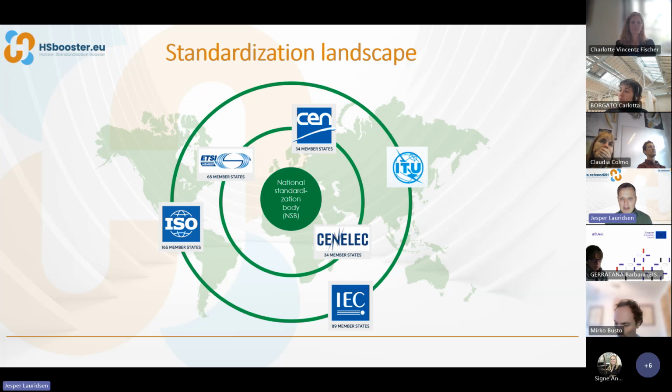It's just that with ISO and IEC, you have to think that we are on a WTO scale. So we have Asia, Africa, the United States, South America and Australia. All countries and continents are involved in this. And when we are talking about CEN and CENELEC, it's about the single internal market in Europe.